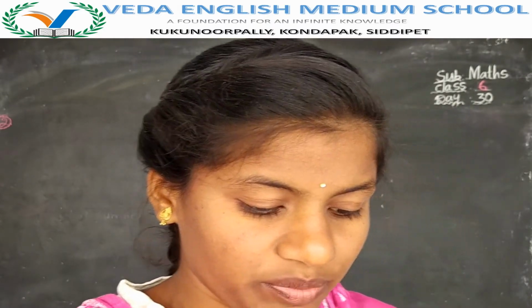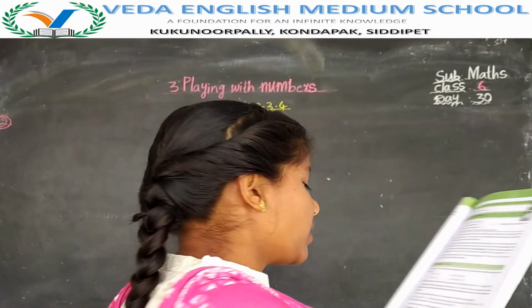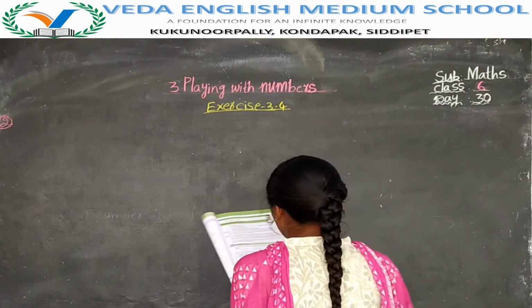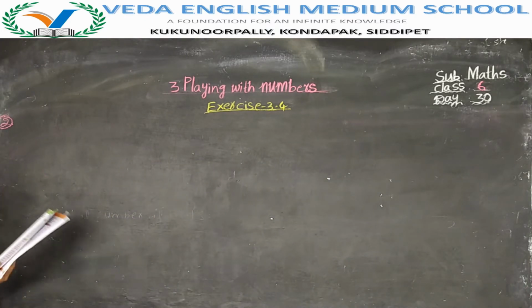Now second problem: find the largest number which is a factor of each of the numbers. Second question, first bit has completed, so I am going to discuss the second bit.